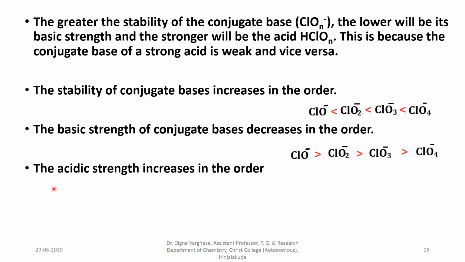The acidic strength increases in the order HClO4 greater than HClO3 greater than HClO2 greater than HClO, and among the oxyacids of chlorine, perchloric acid is the strongest acid and hypochlorous acid is the least strong acid.